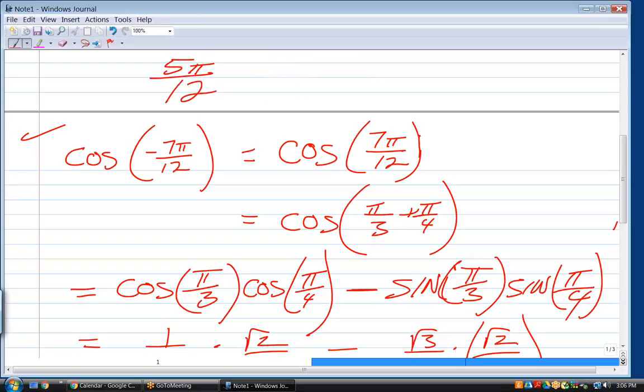I can represent that number in this way. Minus 7 pi over 12 is 5 pi over 12 minus 12 pi over 12. So that would be A and that would be B. The problem is you don't know what the cosine of A is, or the sine, because it's a 12th.